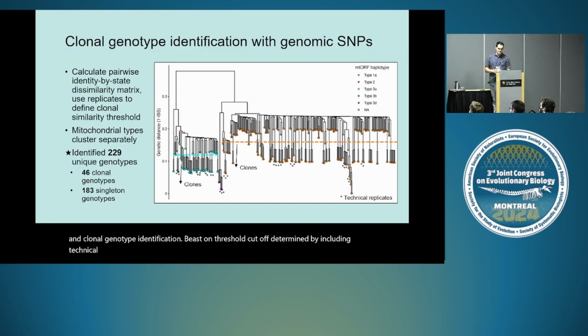And basically, this analysis revealed the existence of 229 unique genotypes in the data set, with 46 clonal genotypes and 183 singleton genotypes. And this allowed us to correct for samples from the same clonal genotype and retain only one sample from each clone group.